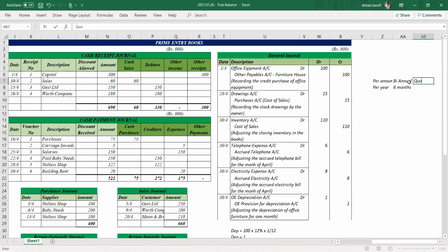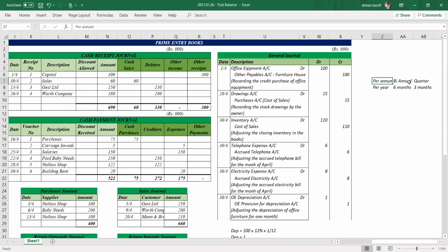Quarter means 3 months. So in some questions, they will say sometimes per annum, biannual, quarterly.